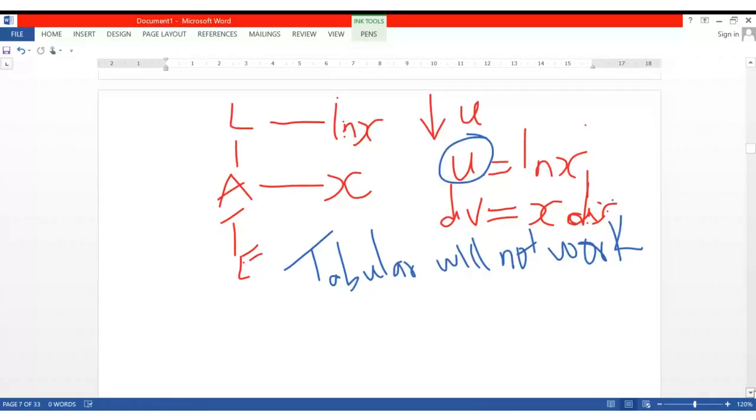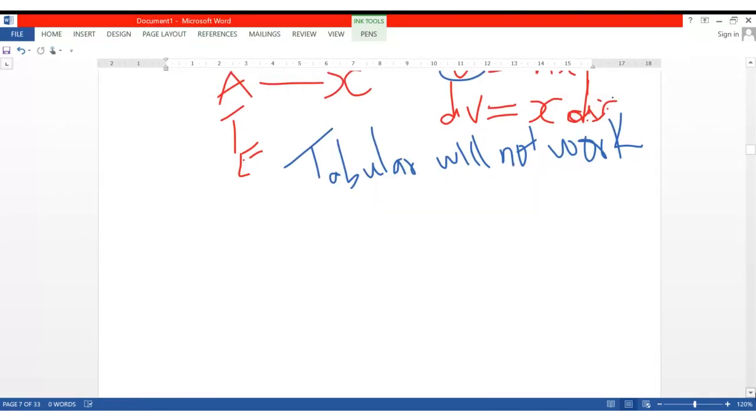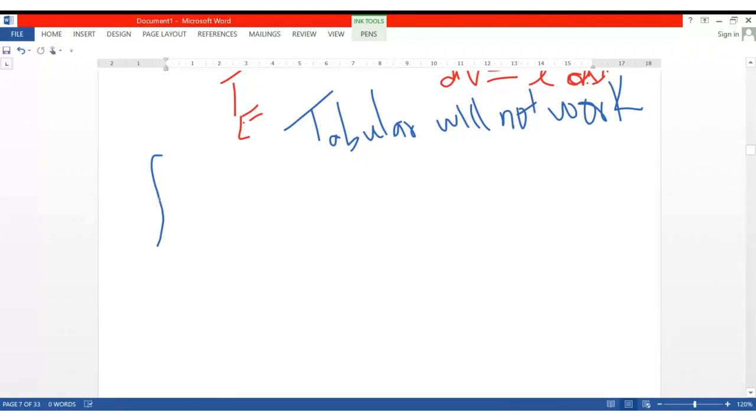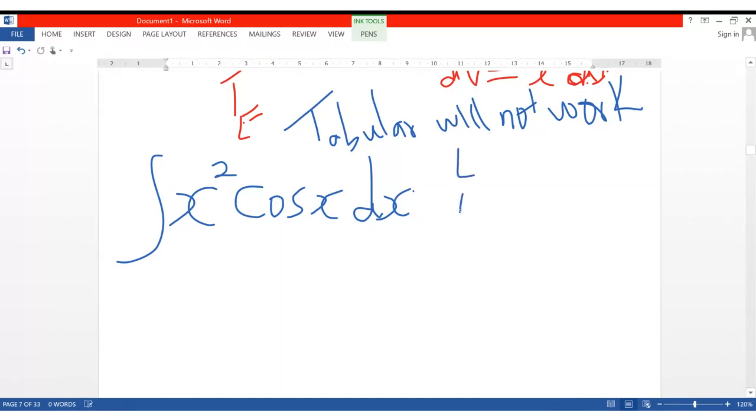Let's do the example that we had done, and you tell me which one is faster. We had x squared cos x dx. What I want to do is first of all do LIATE. So we have x squared as algebraic, and then we have cos x as trigonometric.